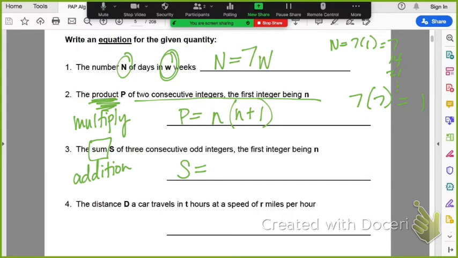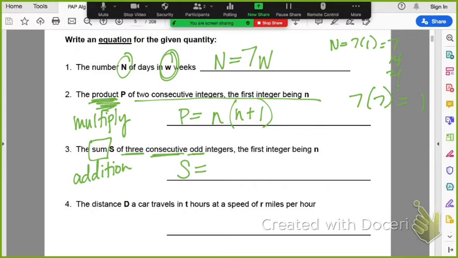Okay. And then I have 3 consecutive odd integers. So, okay, I've got 3 of them. They are consecutive, but they're also odd. So what's an example of 2 consecutive odd numbers? 7 and 9.